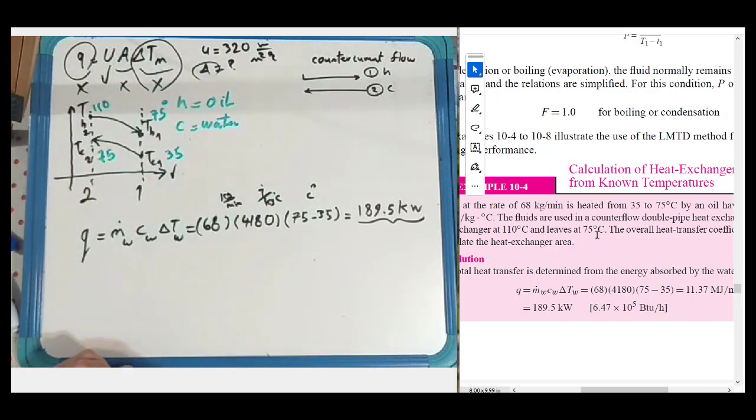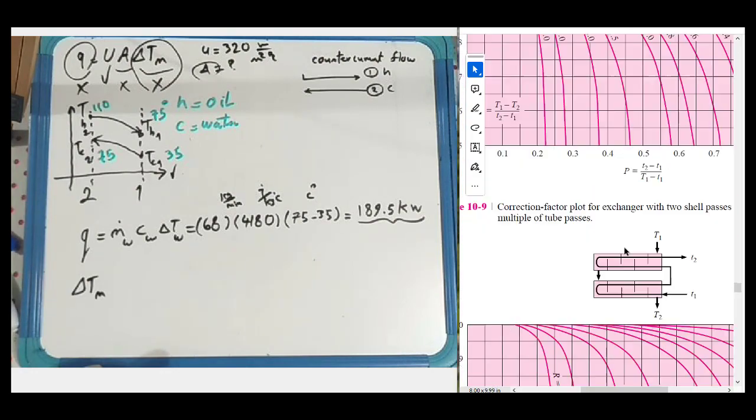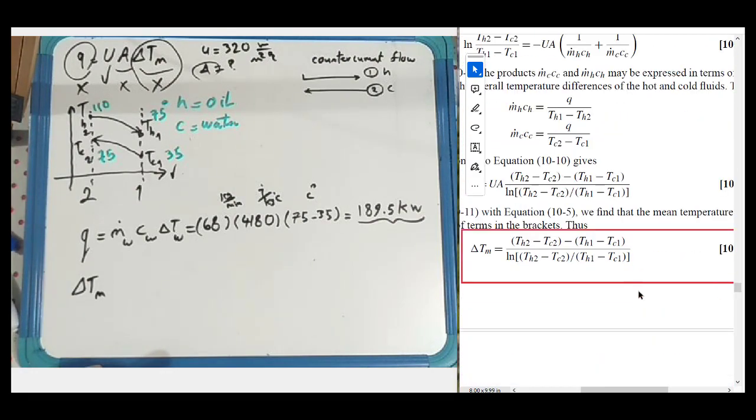Well, we should calculate delta Tm again. To calculate delta Tm, we should go to the formula that the book presented.